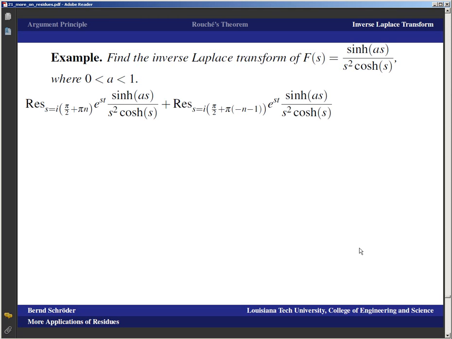Okay, so now we need to add those residues, and the way I want to do that is I want to look for cancellations between residues that are on points that are on opposite sides of the axis. So let's see. Pi halves plus pi n is the negative of pi halves plus pi times negative n minus 1, because pi halves minus pi gives you negative pi halves, so this is actually negative pi halves minus pi n.